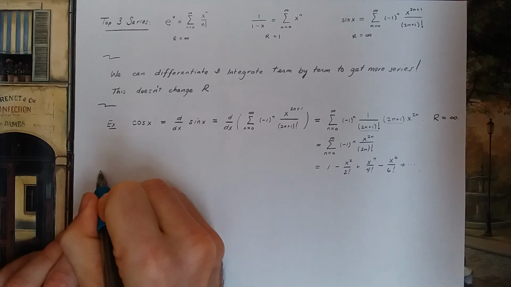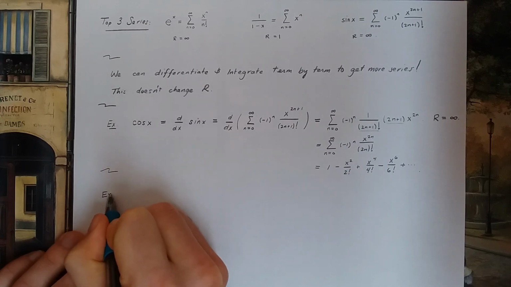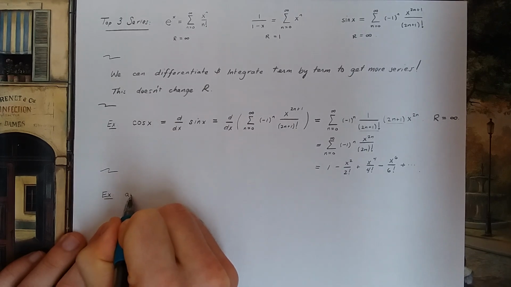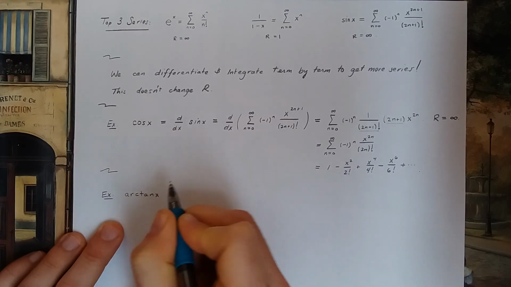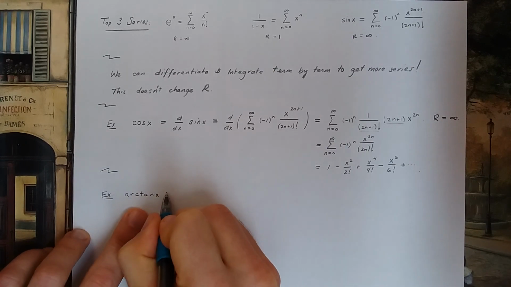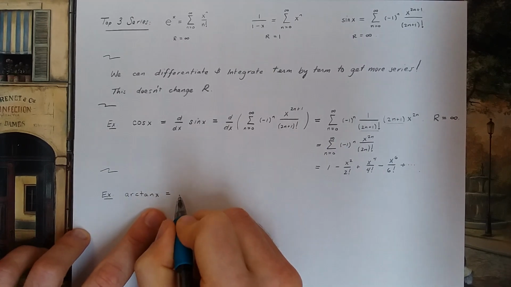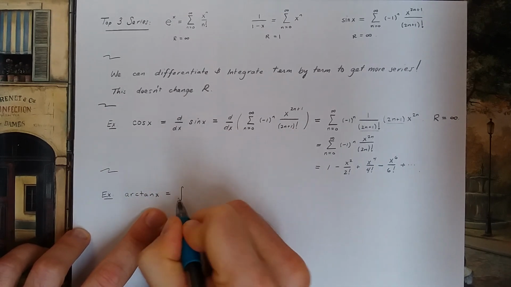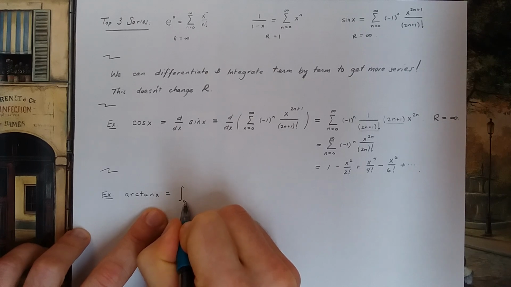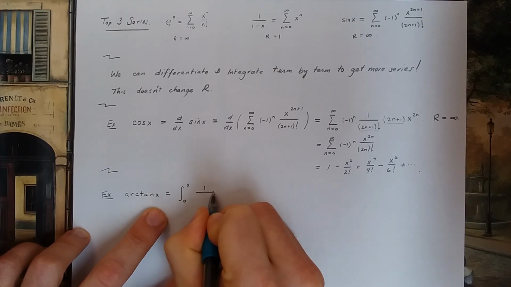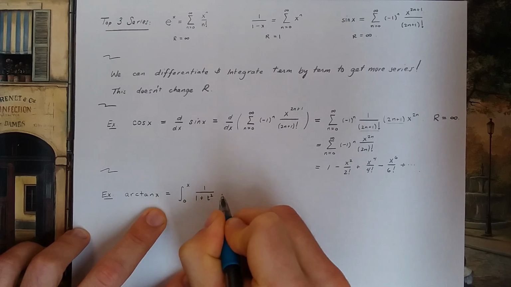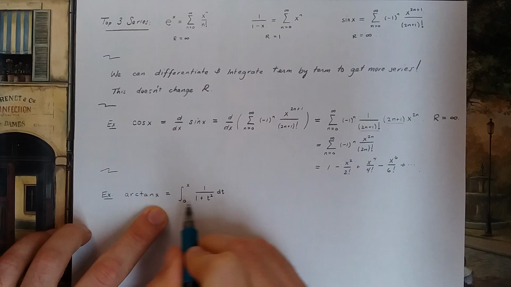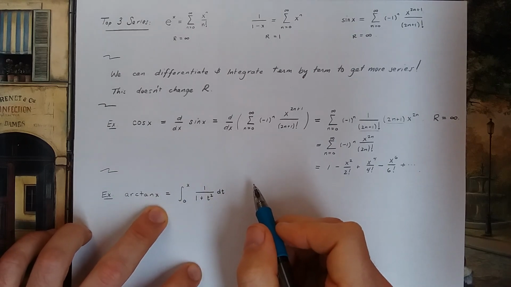Let's do another example. What if I write down this? Arctangent x. Now if you remember your calculus from last quarter, this is the integral from 0 to x of 1 over 1 plus t squared dt. This was a fact we saw earlier in our calculus experience.